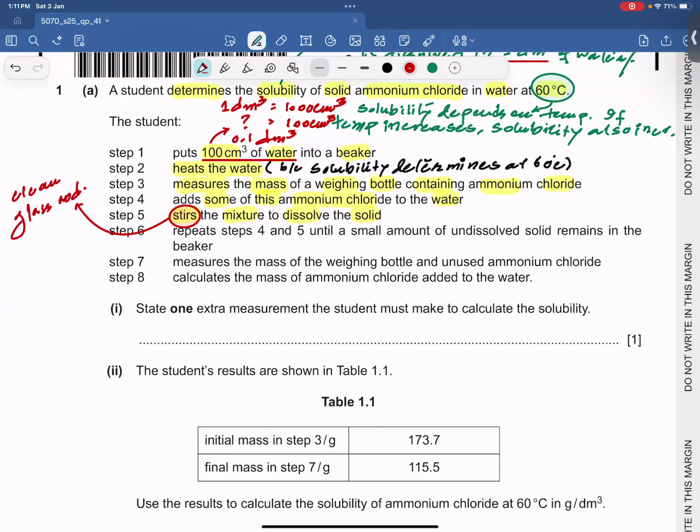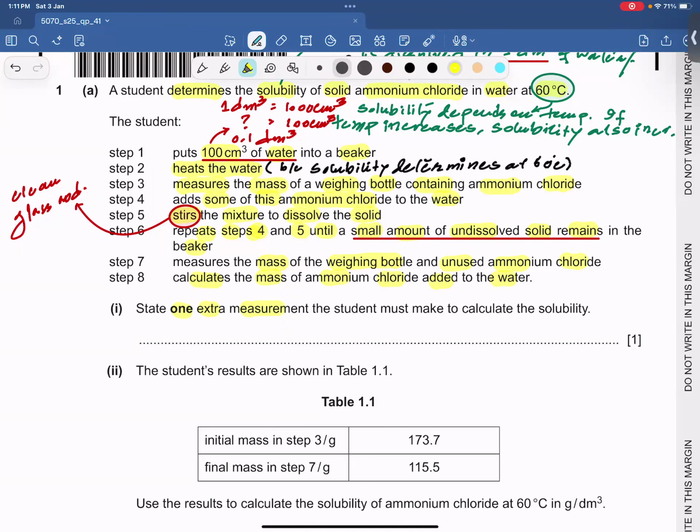In modern labs, we have a magnetic stirrer to dissolve such solids. Repeat step 4 and 5 until a small amount of undissolved solid remains in the beaker. Measure the mass of the weighing bottle and unused ammonium chloride. Calculate the mass of ammonium chloride added to the water.